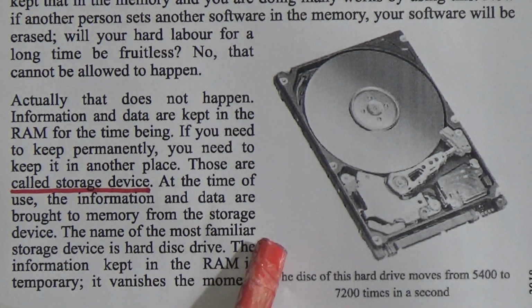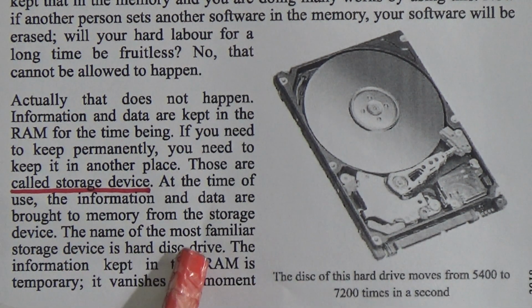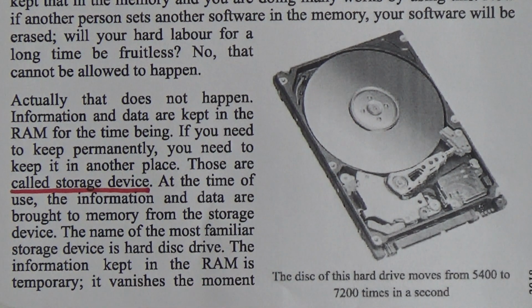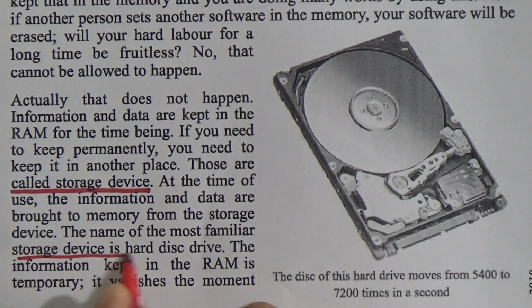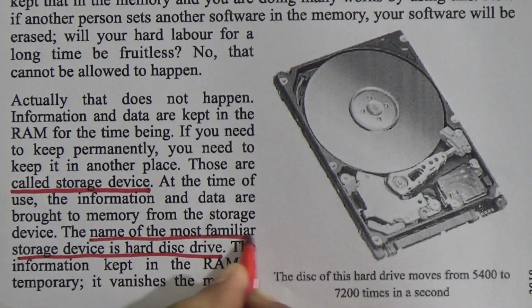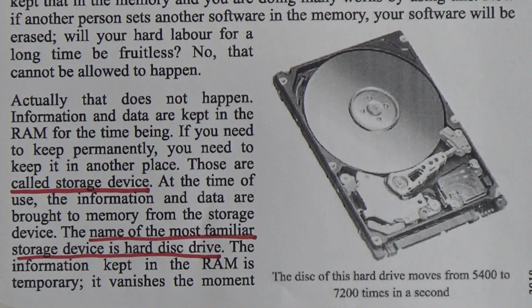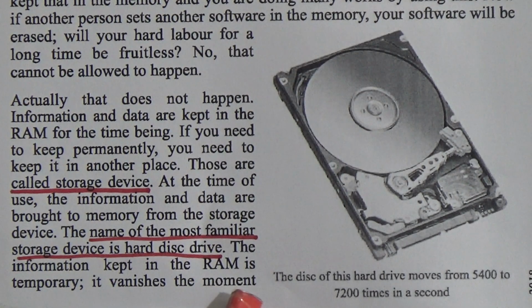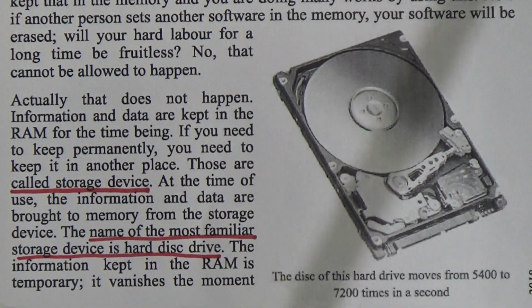The name of the most familiar storage device is hard disk. So the most important storage device is hard disk. The information kept in the RAM is temporary. It vanishes the moment you close the computer.